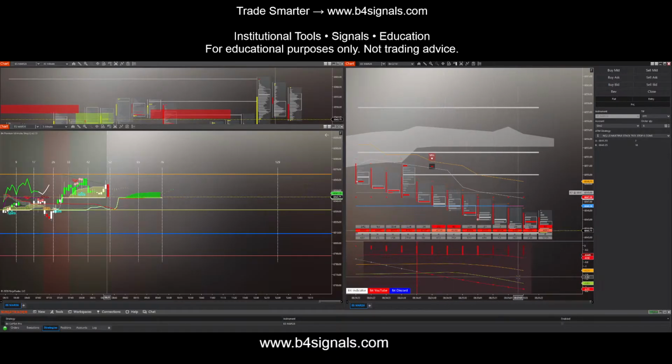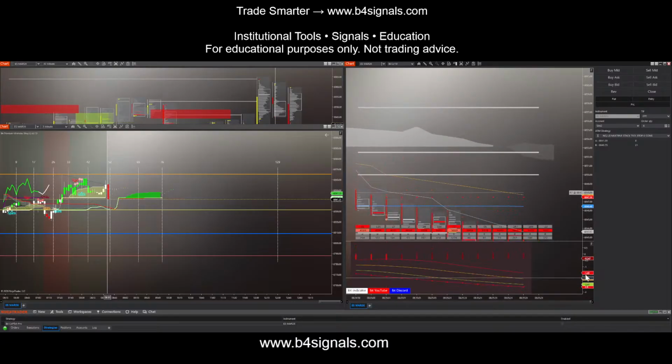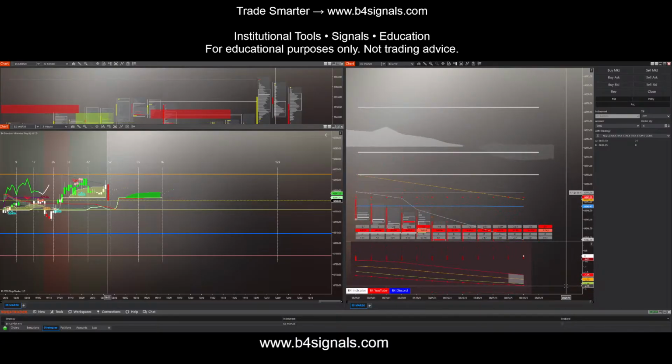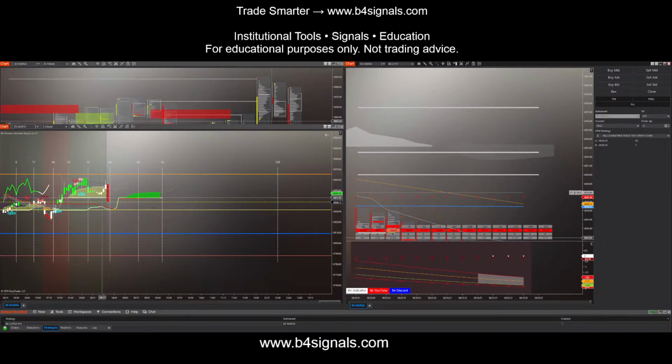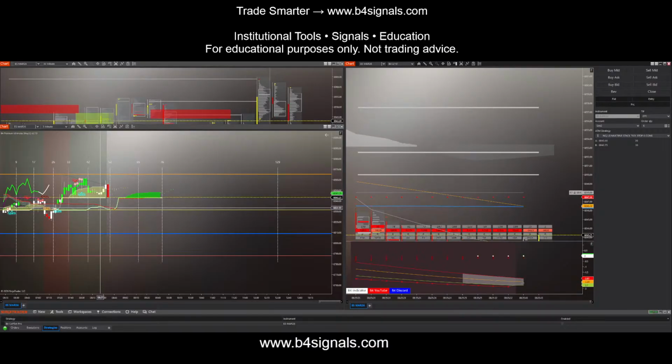Our lower B4 indicator right here usually oscillates to about a 3, -3. We're in a squeeze here, so it may push extended to the downside. That's pushing through the Kijun. There's an area of pass-through in the cloud, so there may be support down here.